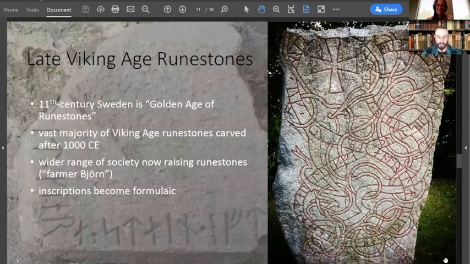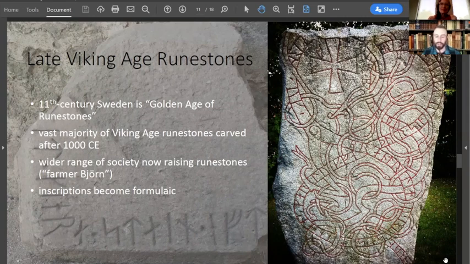So now let's get to the late Viking Age runestones. 11th century Sweden can really be described as the golden age of runestones. And this is because the vast majority of Viking Age runestones were carved after the year 1000. Just to give you an idea, of the 2,057 Swedish Viking Age runestones, 2,039, so 99% of them, date to the year 1000 or after.